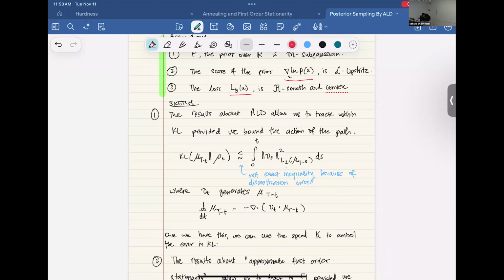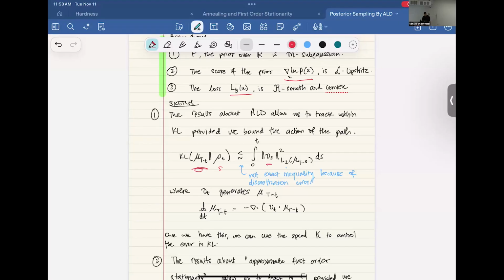I'll just give a sketch of this proof. Basically, from the analysis of annealed Langevin dynamics, we know that the KL distance between mu t minus t, which is what we're trying to track, and the law of the algorithm itself goes as this action. This is Vs, which we don't actually know, but for whatever path we have come up with, it is the velocity field that would generate it.